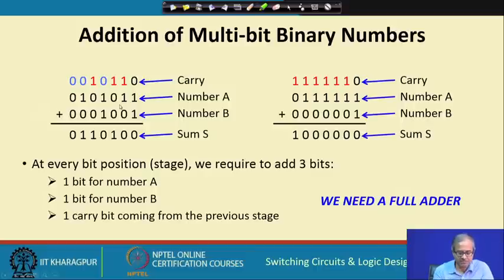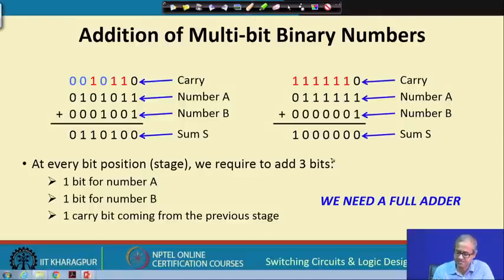So, one observation from here is that in every stage that we have shown in this example, we are required to add 3 bits. 2 bits are the bits of the number and the third bit is the carry which is coming from the previous stage. So, 1 bit of number A, 1 bit of number B and a carry bit coming from the previous stage.